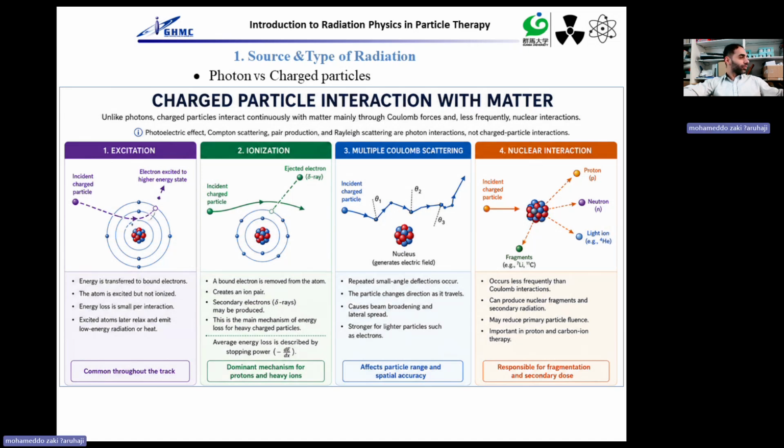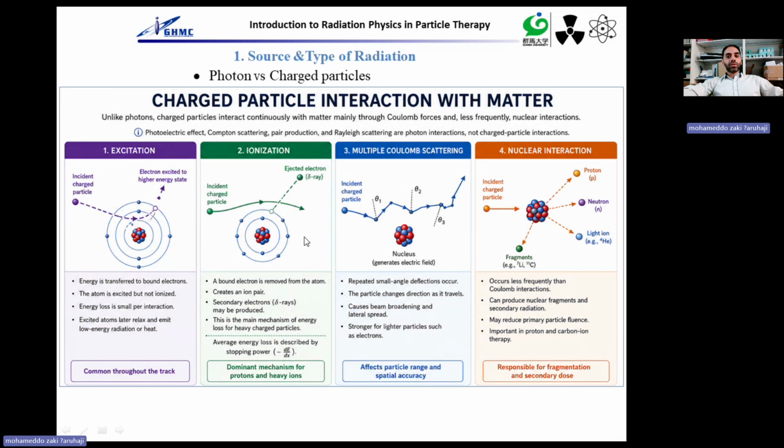And because we have this ion and we ejected this electron, the electron ejected here because of this repulsion is called delta electrons or secondary electrons.